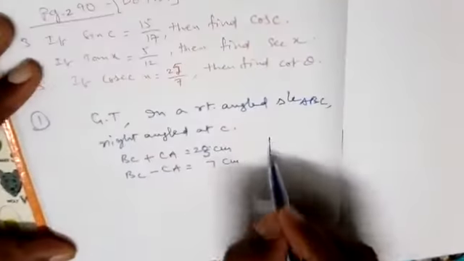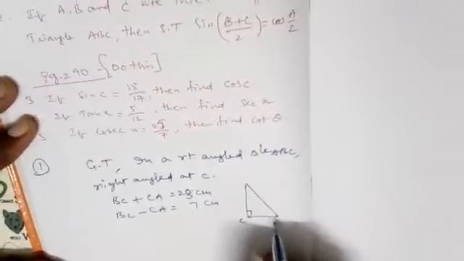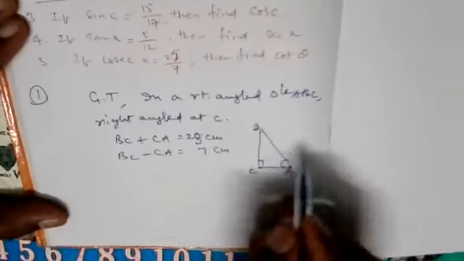So we need to find out the values of BC, AC and AB. This is equation 1, this is equation 2.